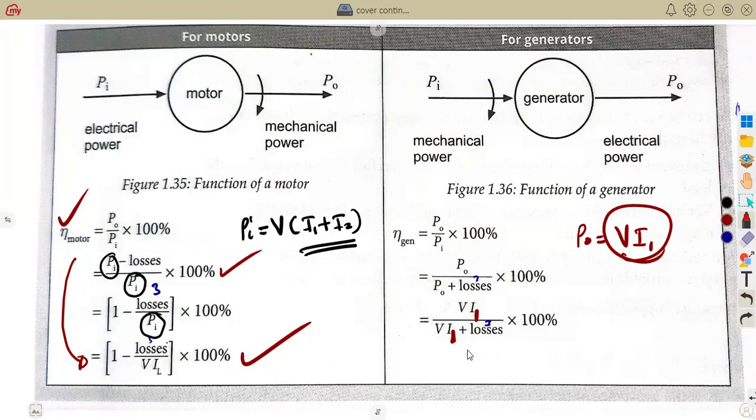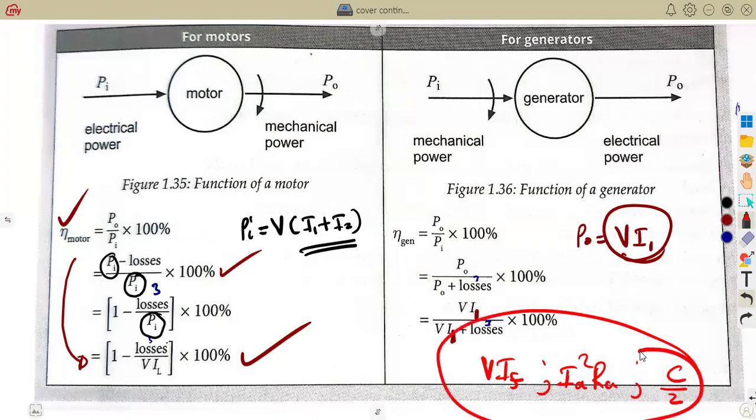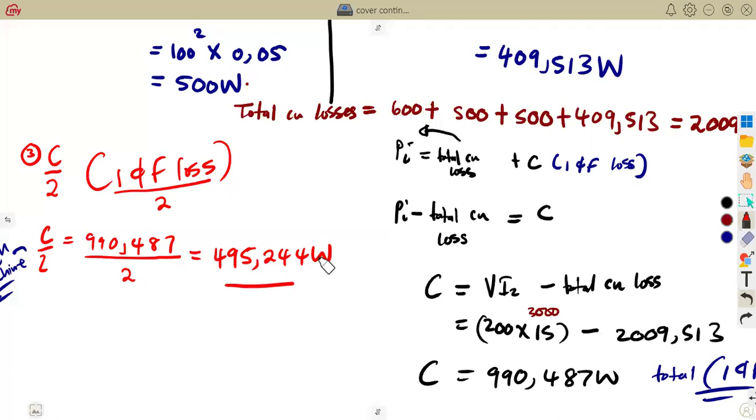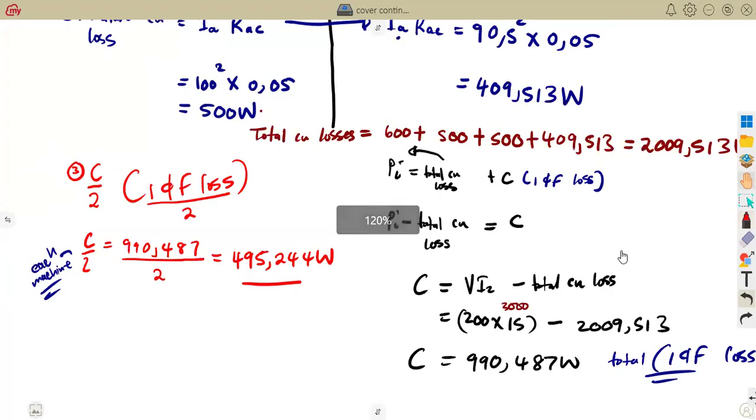You need these 3 losses: the shunt field copper loss, the armature copper loss, and the friction and windage loss. But because they're being shared, for the iron, friction and windage loss we're just going to use C over 2. So you have the losses, meaning efficiency can be calculated.